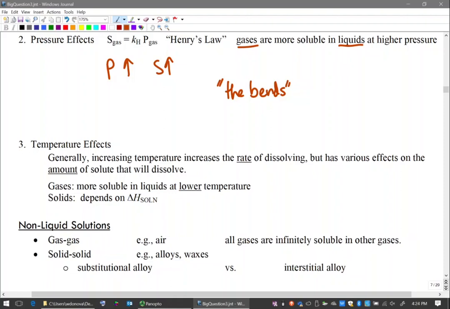But imagine if you were underwater, you have all that atmospheric pressure, plus now the weight of the water. High pressure above you, gases would be more soluble in your blood. If you came up too quickly, let's say you were scuba diving, deep sea diving, and you came straight up, it wouldn't be a good idea, because the pressure is going to decrease, and the pressure increases very quickly as you go underwater at pretty high depths because of all the mass of the water above you.